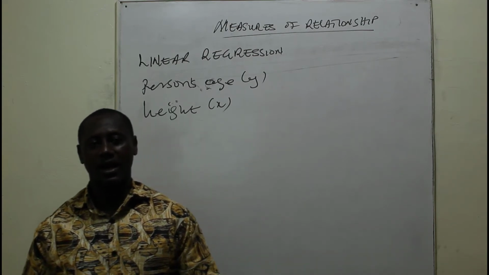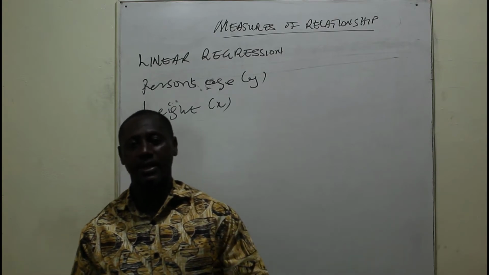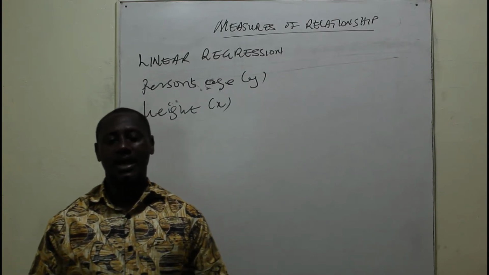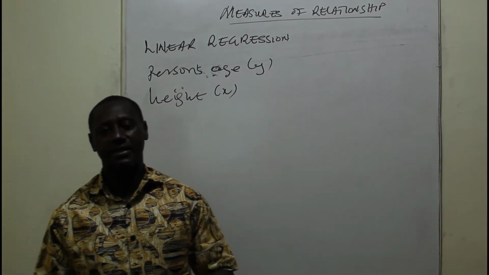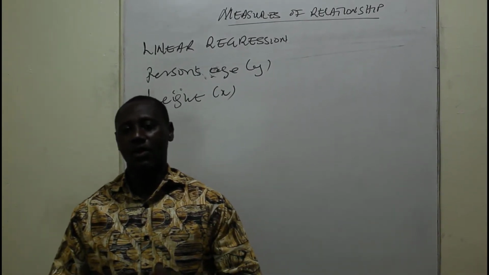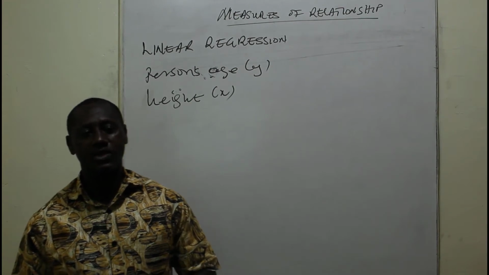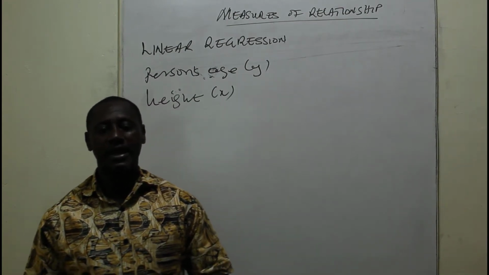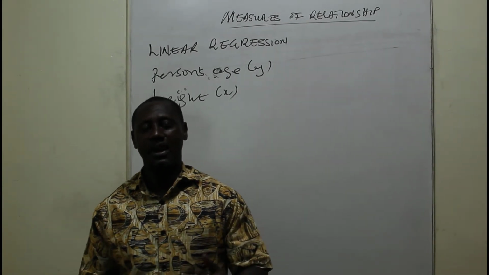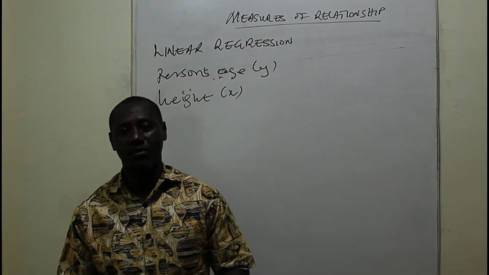The other day, I was teaching a particular class and I was using this jokingly: let's assume in a relationship there's a lady and then there's a gentleman. Under normal circumstances, the lady is going to depend on the gentleman. So the gentleman becomes the independent variable, the lady becomes the dependent variable.